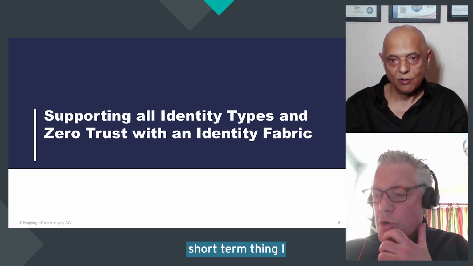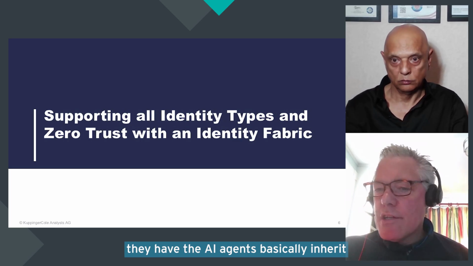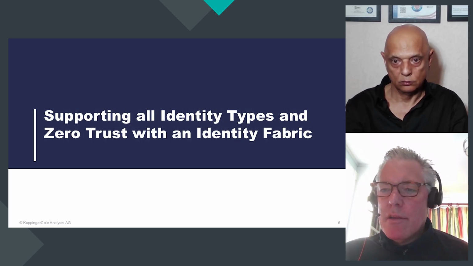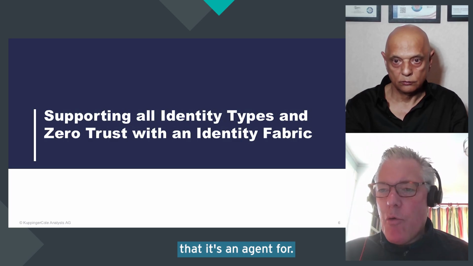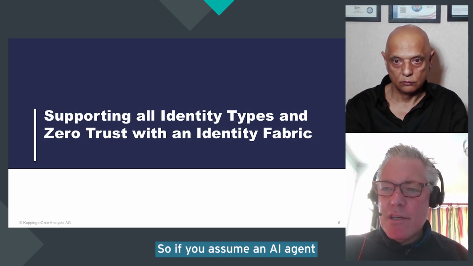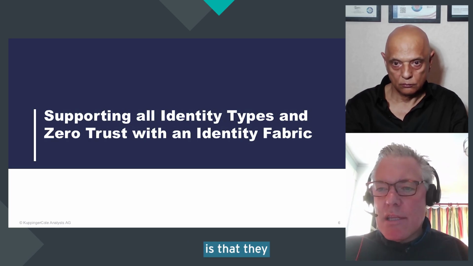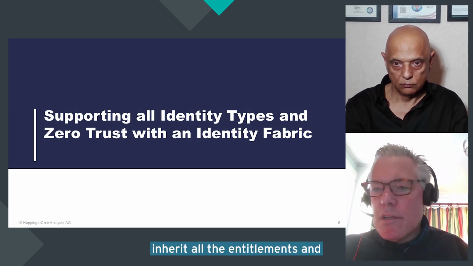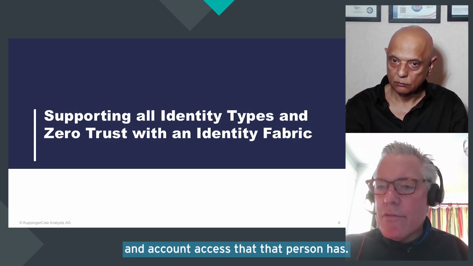One short-term thing I see a lot of organizations doing is they have the AI agents basically inherit the permissions of the person that it's an agent for. So if you assume an AI agent is an agent on behalf of somebody, the going-in idea is that they inherit all the entitlements and account access that that person has.